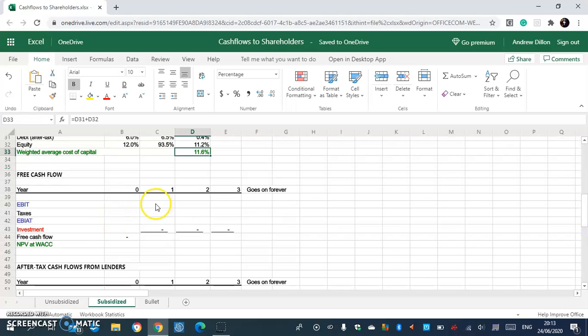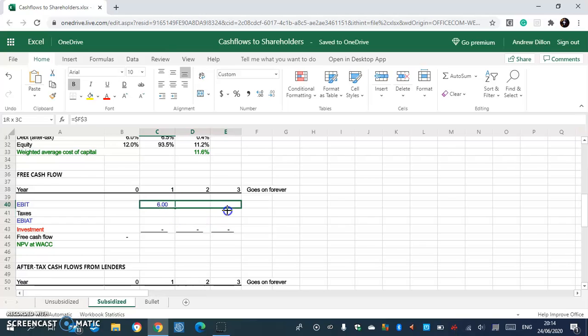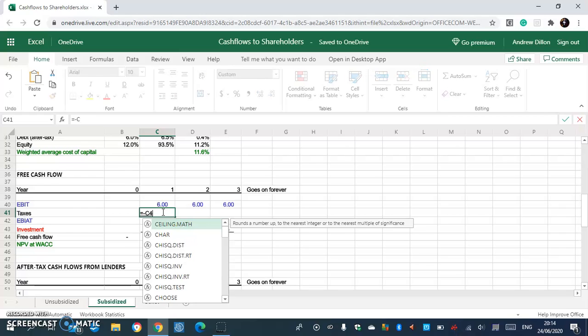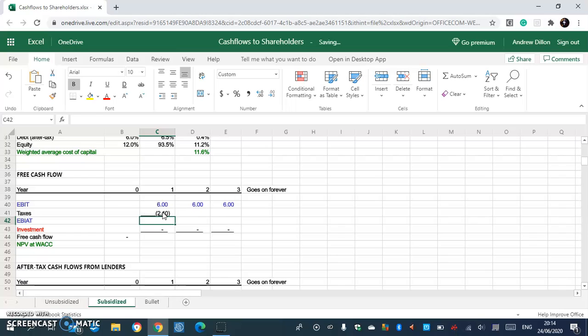Okay, let's move on to the free cash flow section. Okay, now to calculate the taxes. That's good.